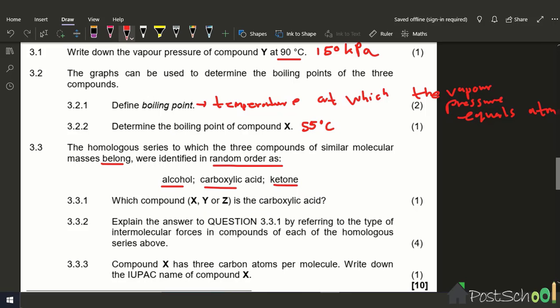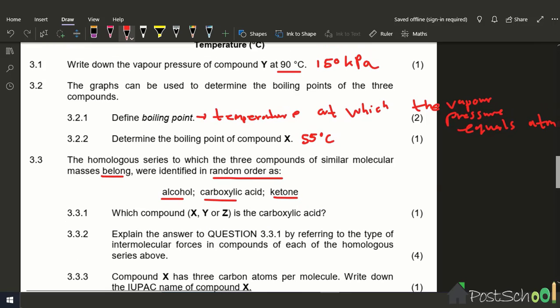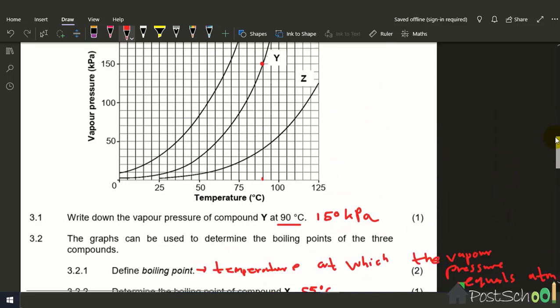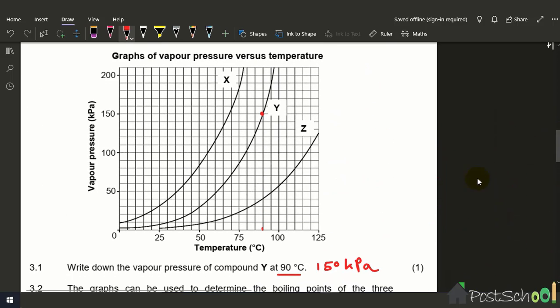So how do we check a carboxylic acid? We check the one with the higher boiling point with less vapor pressure. Which one has the higher boiling point? This one, here its boiling point is 125, but with less vapor pressure. So it is a carboxylic acid.